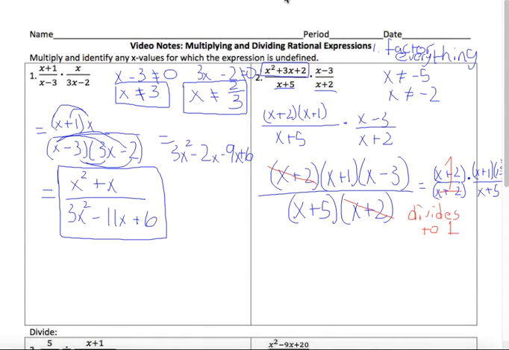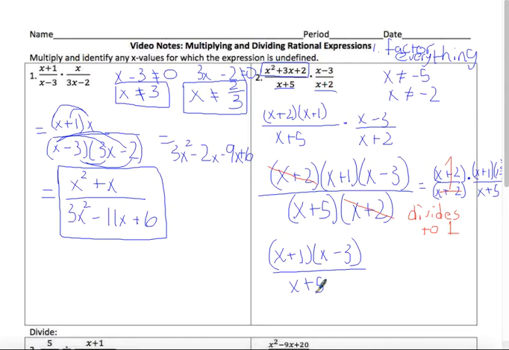And I will make you specify what cancel out means when you say it. It divides to 1. And then the remaining part is x plus 1 times x minus 3 divided by x plus 5.